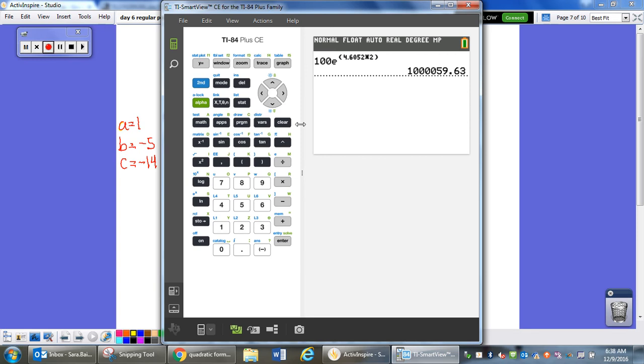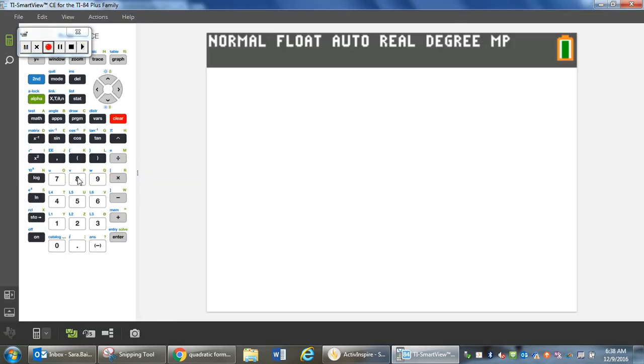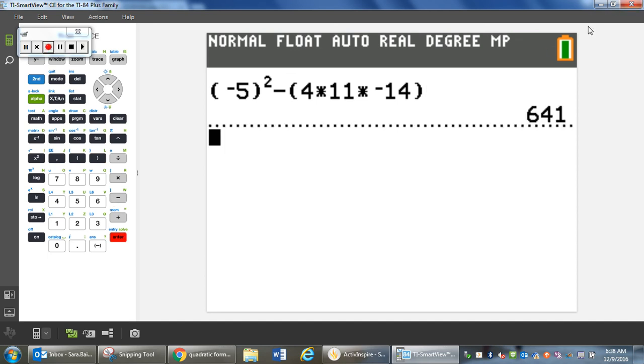All right, so if you're doing that on your calculator, -5 squared minus 4 times 1 times -14. Whoa, what did I do wrong?